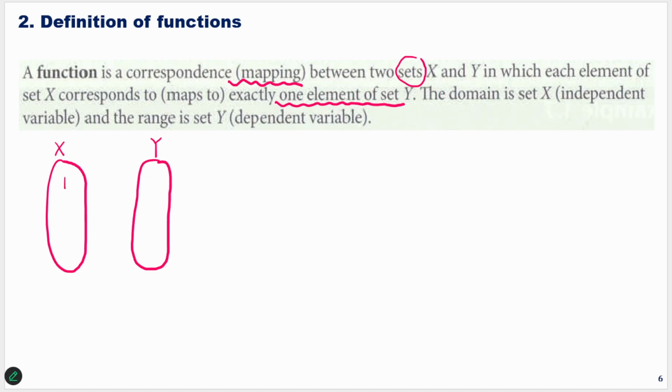So for example, we have three numbers here, 1, 2, 3, and we have three other elements, let's say, for example, A, B, and C. Then, if the input is 1 in the set x, the output is letter A in set y, or there is a mapping relation which maps 1 in set x to A in set y, and it maps 2 in set x to element B in set y, and it maps 3 in set x to element C in set y.